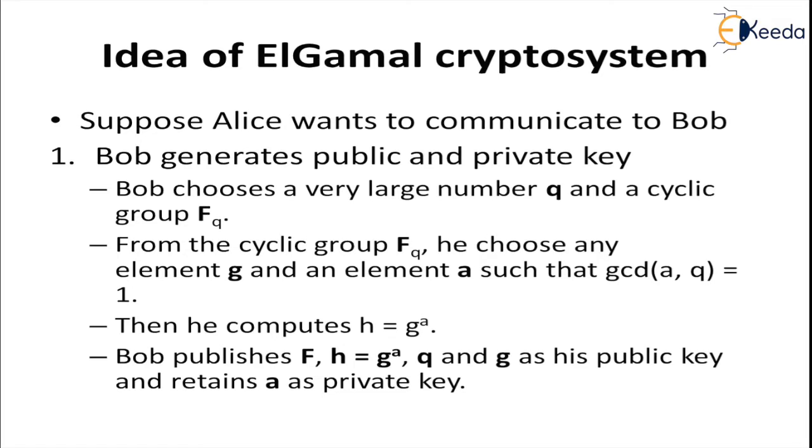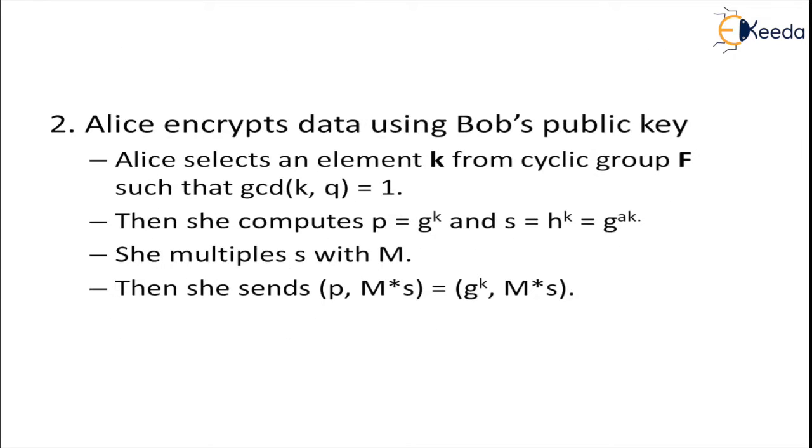Then he computes h equal to g raised to a. Bob publishes h equal to g raised to a, q and g as his public key, and retains a as his private key. So there are three parameters: q, g and a. q and g are dedicated to the public key and a to the private key.